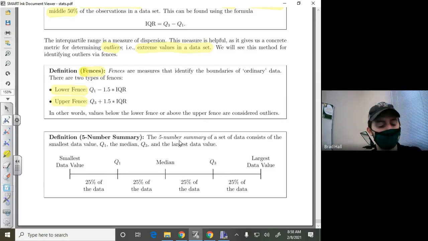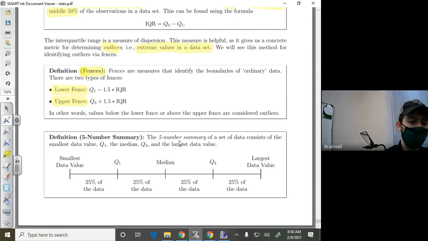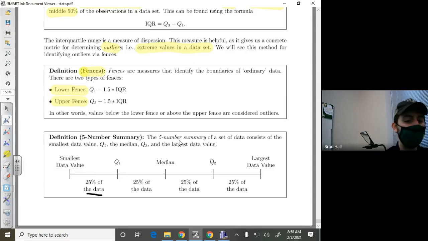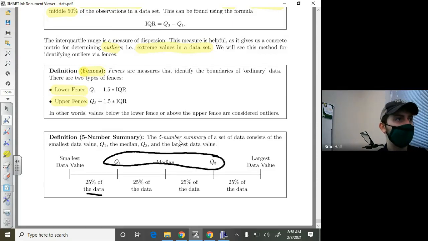If I were to ask you what percentage of data falls between the smallest data value and the first quartile, it's 25. Or what percentage of data fell between the first quartile and the third quartile, there's a 25, there's another 25. 25 plus 25, 50.